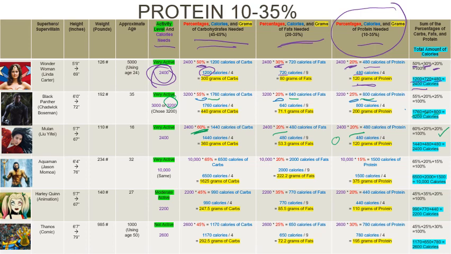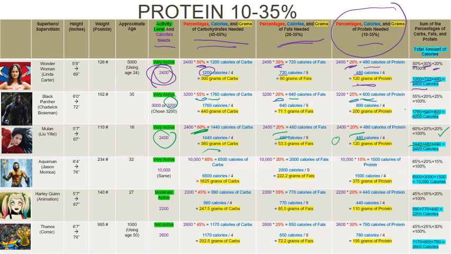Then 480 calories divided by 4 equals 120 grams of protein. And then when you calculate all the calories, from carbohydrate 1,440, from fats 480, from protein also 480, that equates to 2,400 calories, just like this.